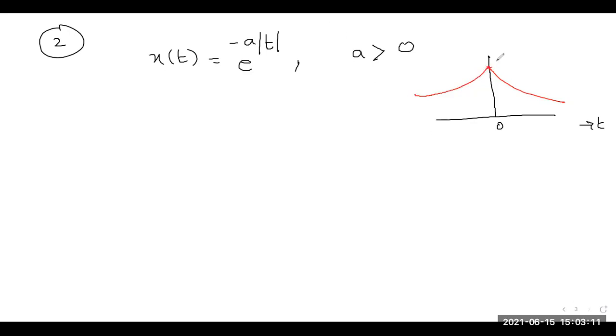And this is at t equal to 0, it will have a value equal to 1. And as t increases in the positive direction, or as t decreases in the negative direction, this signal is going to decay exponentially. So it means this is a finite energy signal. So what will be the Fourier transform?